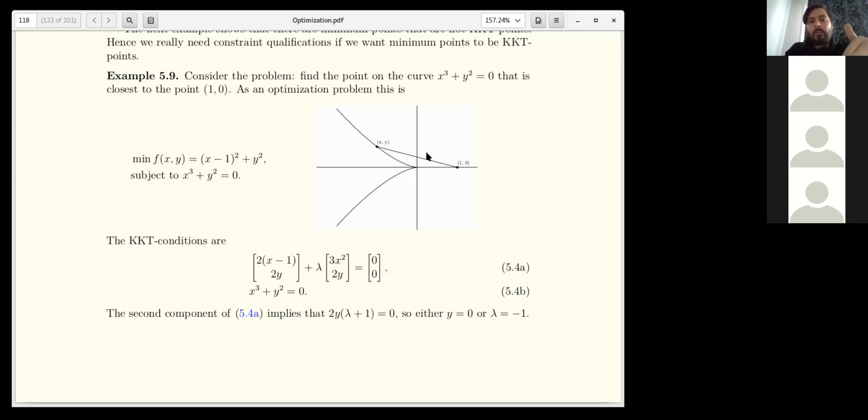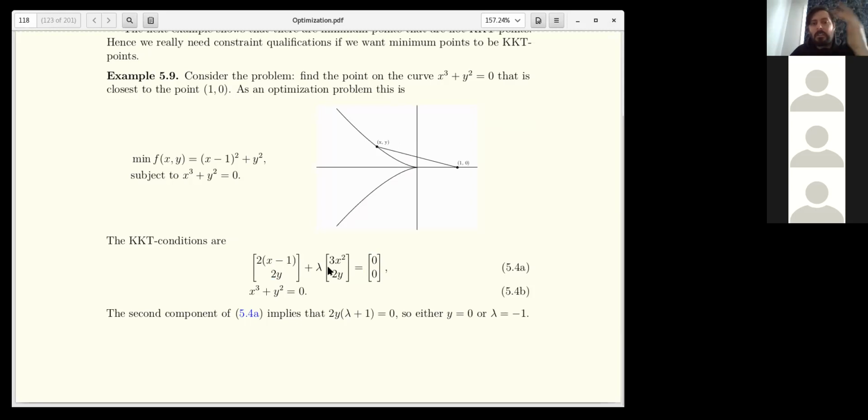If you have one equality constraint, and that equality constraint function has a gradient equal to 0 at a point, then that point might be the optimum, but it's not necessarily going to show up as a KKT point. It might, but there's no guarantee, because the corresponding gradient here is 0, so that vanishes.